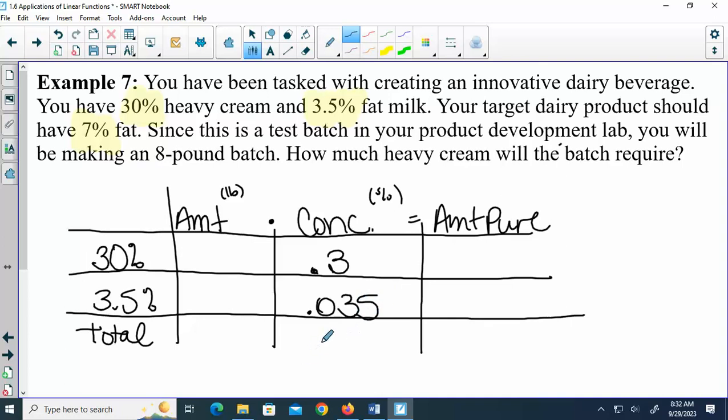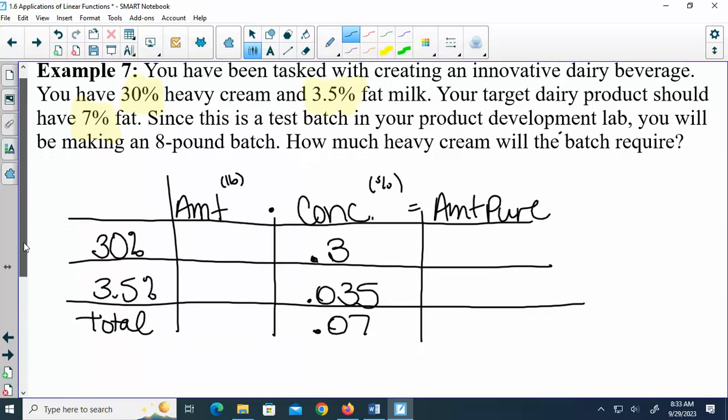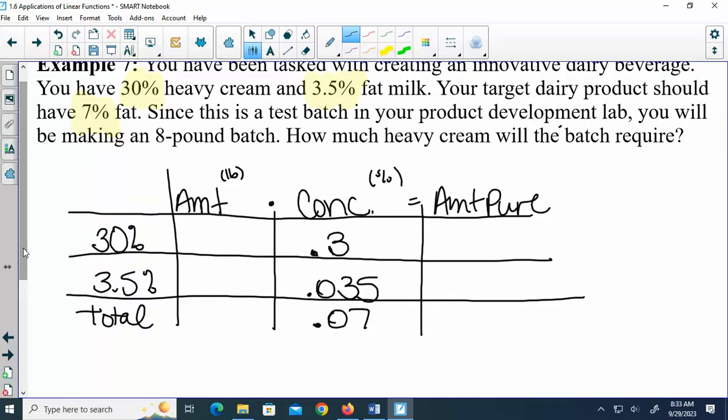And my total was 7%, so the concentration would be 0.07. What's the only other thing given in our problem? 8-pound batch. We'll be making an 8-pound batch. So is that the amount of the 30, the amount of 3.5, or the total?